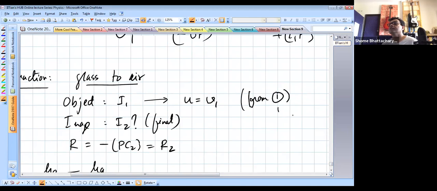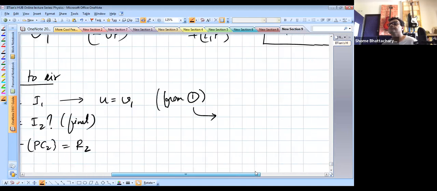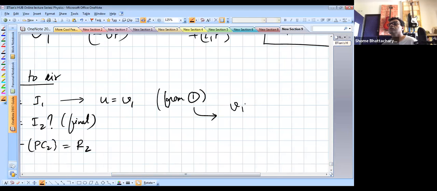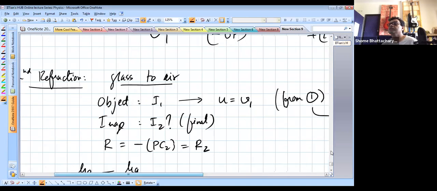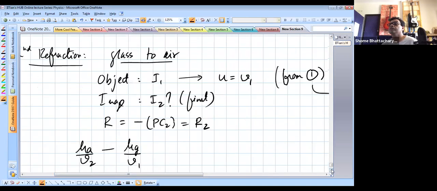And sign convention takes care of it. If V1 is negative, that means it becomes a real object for the second event. If V1 is positive, it becomes a virtual object. So that is the advantage of sign convention. It takes care of what is required.